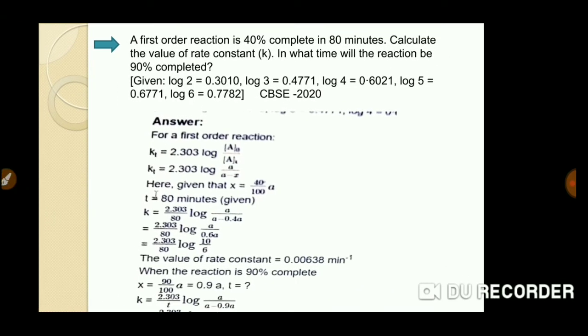A first order reaction is 40% completed in 80 minutes. Consider a reaction which is first order, and it is 40% complete in 80 minutes. Time is given as 80 minutes and the percentage of completion is given as 40%. Calculate the value of the rate constant k. In what time will the reaction be 90% completed?